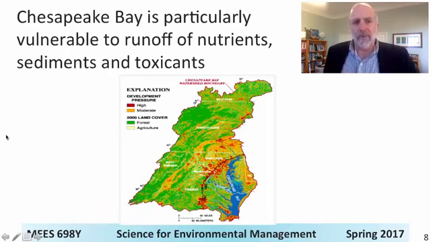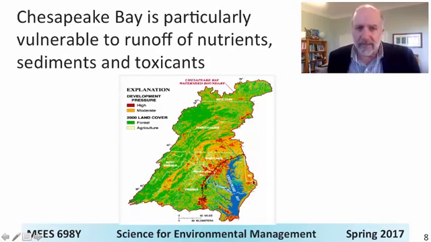So the vulnerability of Chesapeake is to this runoff of nutrients, sediments, and toxicants. And recreating the fall line here, you can see the urban development that is associated with that fall line, the red being urban development. We have our tidewater development down in the Newport News, Hampton area. And then we have development in the lower Susquehanna River Valley here.